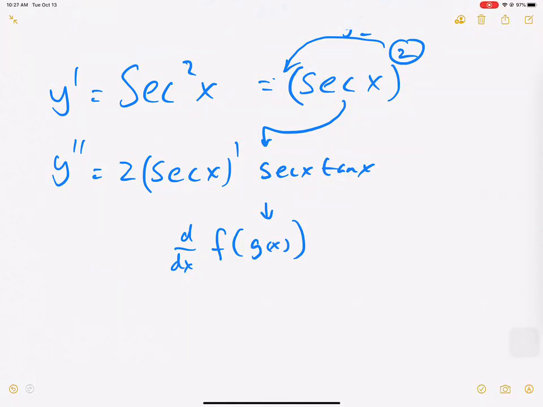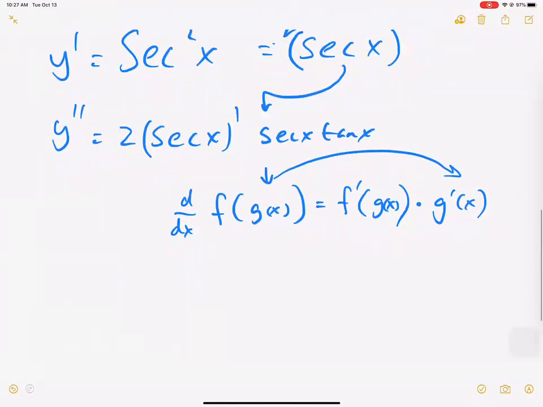We first take the derivative of the outer, which we can simply write as f prime, leave the inside alone, pristine, not changed. Then multiply by the derivative of the inside, g prime of x. That's the basic premise of chain rule, and this could be repeated over and over if there are multiple chains.